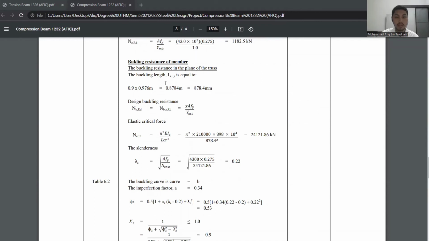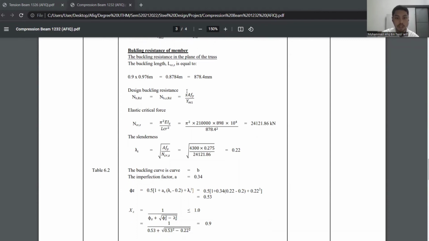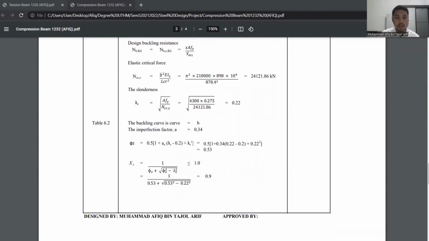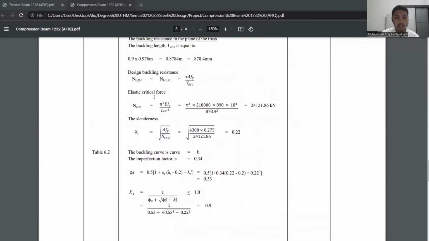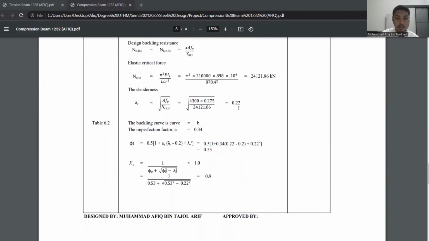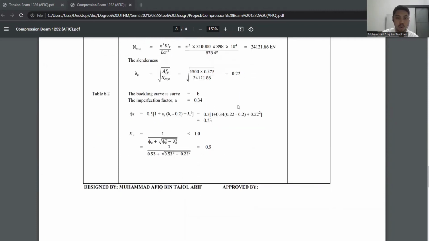The buckling length Lcr,z is equal to 0.9 multiplied by the length of the truss, and we got 0.8784 meter. Then we calculate the elastic critical force Ncr,z, which is 24121.86 kN, and the slenderness lambda z is 0.22.